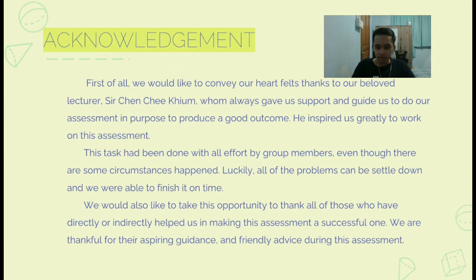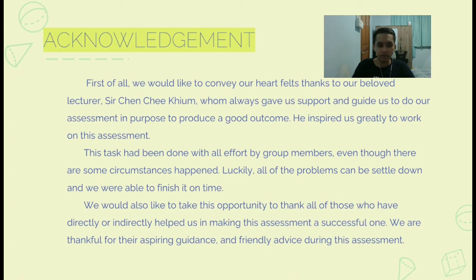Acknowledgement. First of all, we would like to convey our heartfelt thanks to our beloved lecturer, Sir Chen Chi-kyung, who always gave us support and guided us to do our assessment in order to produce a good outcome. He inspired us greatly to work on this assessment. His task had been done with all effort by group members, even though some circumstances happened.